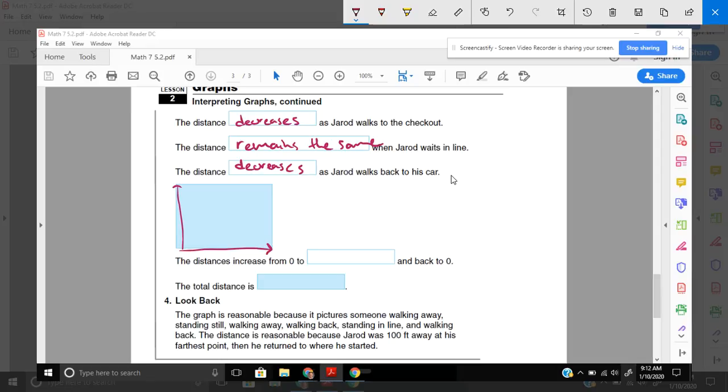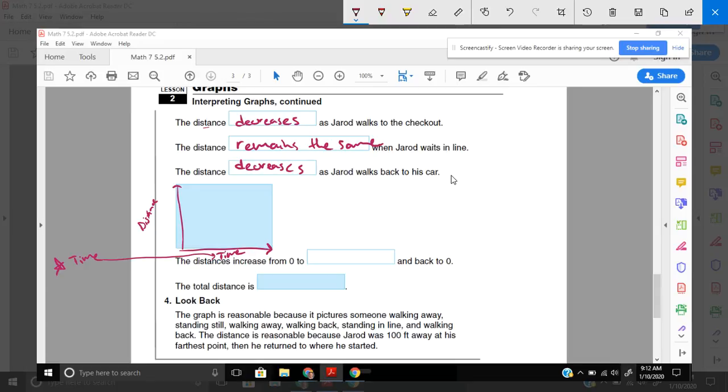And a big hint that I'm going to give you is most of the time, time is going to be on your x-axis as time goes on, right? And then the other thing we're talking about is distance. So I'm going to write time here, and here is going to be distance.